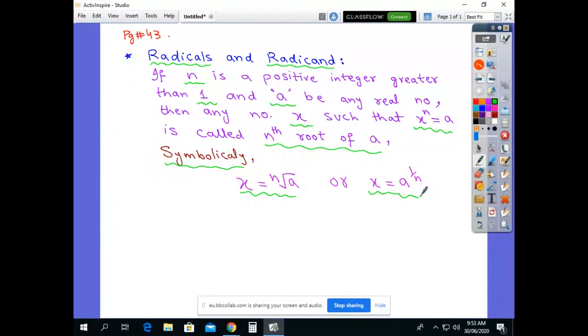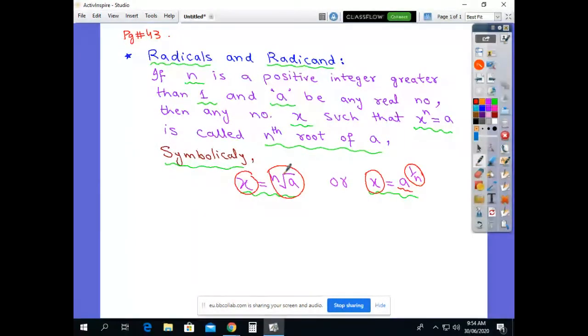This number is called a radical number, or simply we can say that x is a radical number if it is written in this radical sign form.